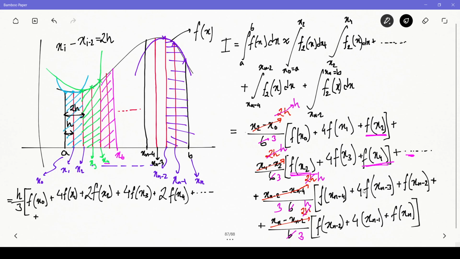Okay, so we know implicitly here at the right tail end of the ellipsis we should have another term which ends with f of x sub n minus 4, right?